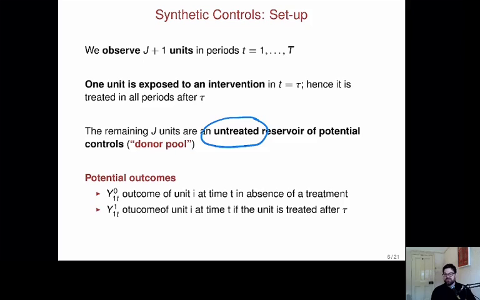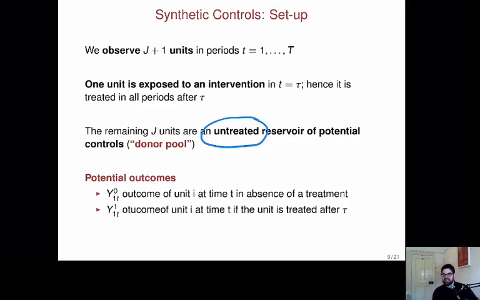So if you want to look at, let's say, the effect of something that happened in Dublin and use other Irish counties as the donor pool, that's probably not going to work very well, because if there's a large shock in Dublin, it will obviously transmit very quickly to other places.